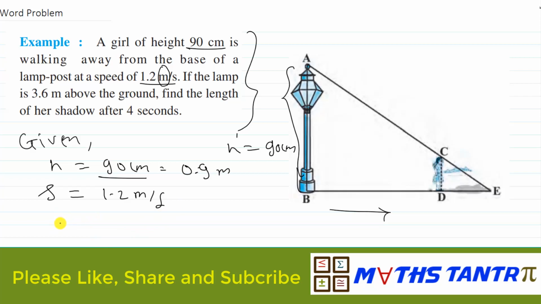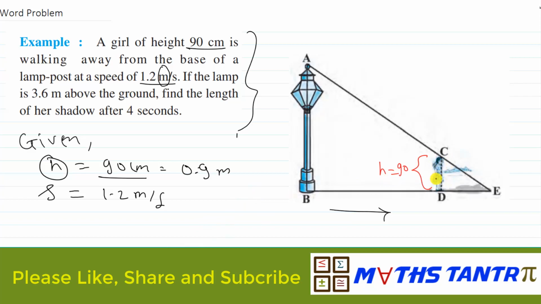Now, if the lamppost is 1.6 meter above the ground, sorry, this height h is the height of the girl. So this height will be your girl's height, 90 centimeter, that is 0.9 meter.